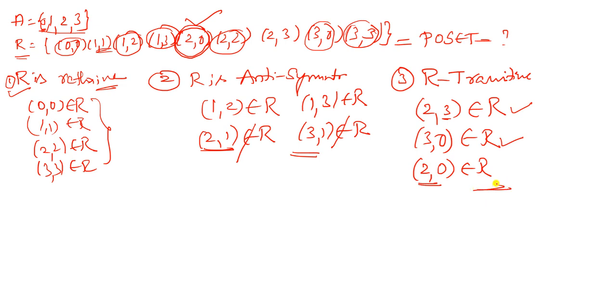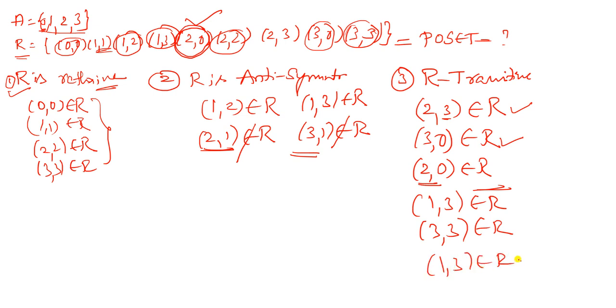Like this you have to check, and take any other element, 1 comma 2. See here, 1 comma 3 belongs to R and 3 comma 3 belongs to R, right? So 1 comma 3 belongs to R, yes.